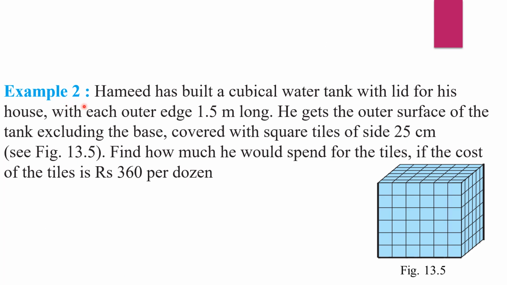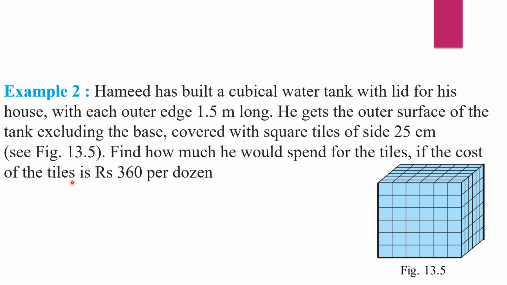Okay, my children. Hamid has built a cubical water tank with the lid for his house, with each outer edge 1.5 meters long. Understood this sentence? Right. He gets the outer surface of the tank excluding the base covered with square tiles of side 25 centimeters.